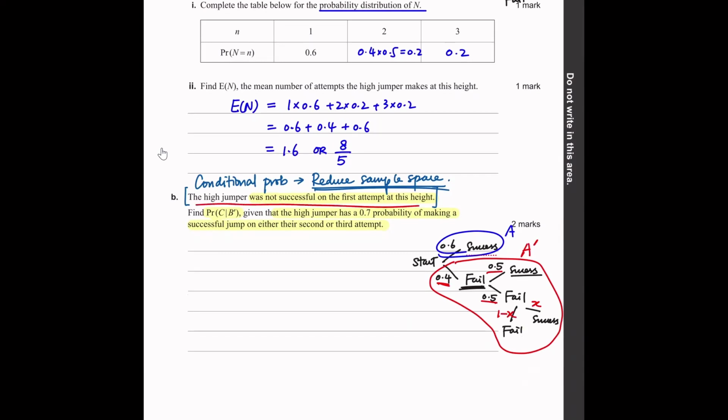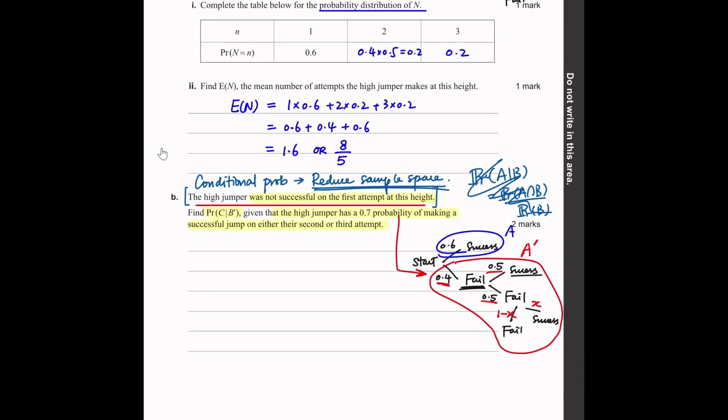And if that sentence was stipulated, then I only look at my new sample space. So I don't have to use the conditional probability statement, like probability of A given B is probability of A intersecting B divided by probability of B. I'm not going to look at that. I'm just looking at the reduced sample space.